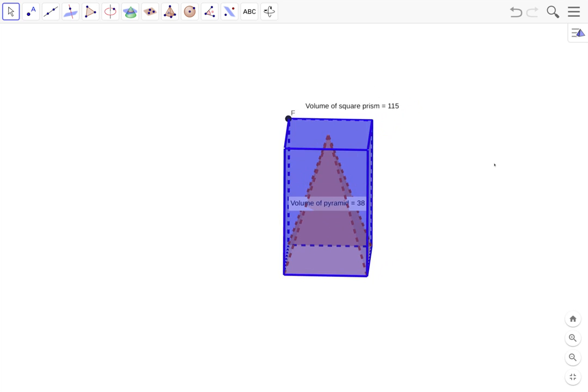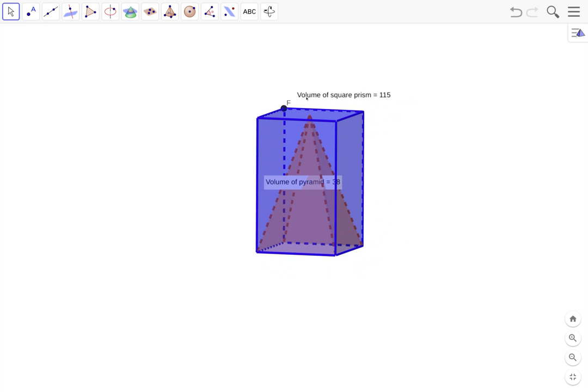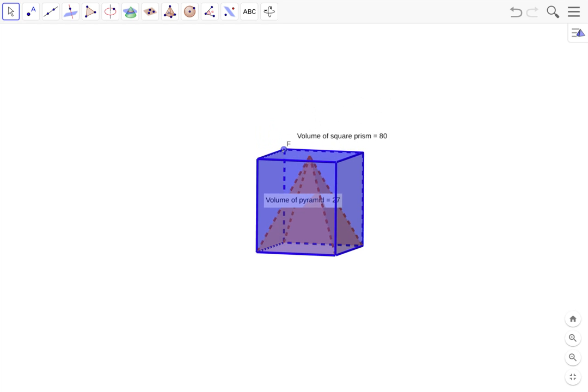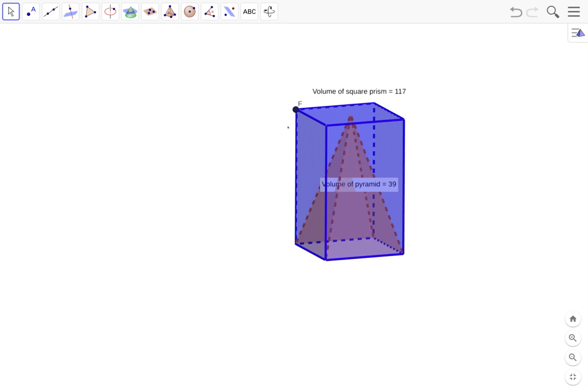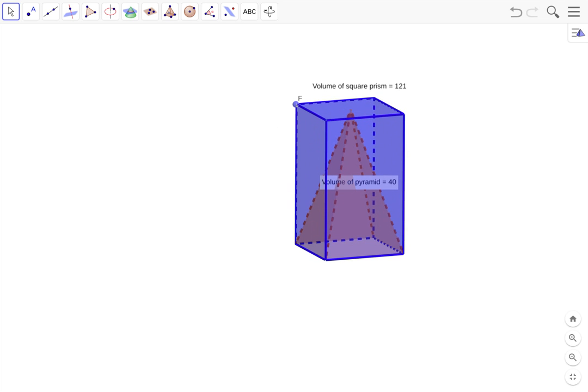Now, just be aware of these volumes being calculated. This is calculating the volume of this prism and then the volume of that pyramid. They are being rounded, so there might be a little rounding error in here. But what we'll notice is, here's an easy one to work with: 120 for the volume, so cubic units.